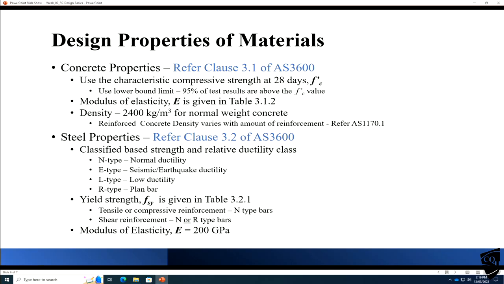So where to get this? You know AS3600, clause 3.1 gives the concrete properties. Everyone should have access to AS3600. Last week I explained how to access AS3600.